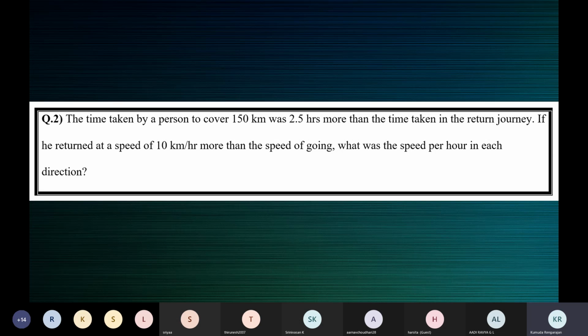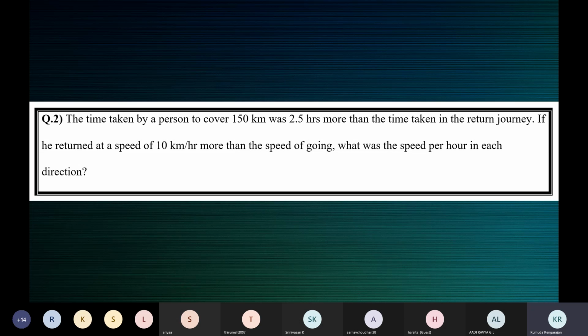The time taken for the onward journey is more than the time taken in the return journey, so the difference in time taken is 2.5 hours.